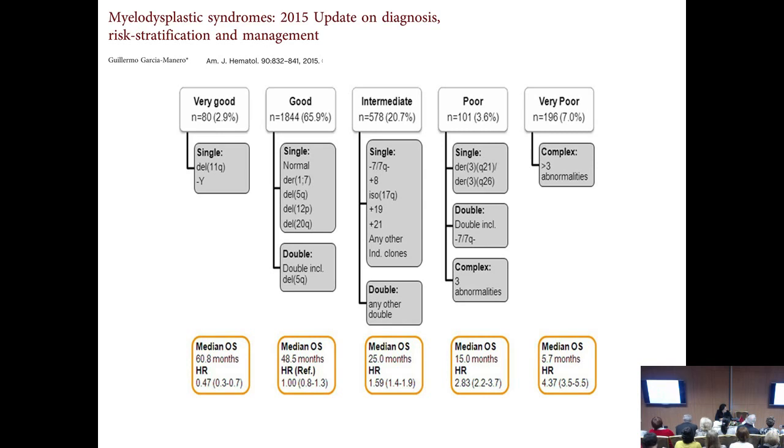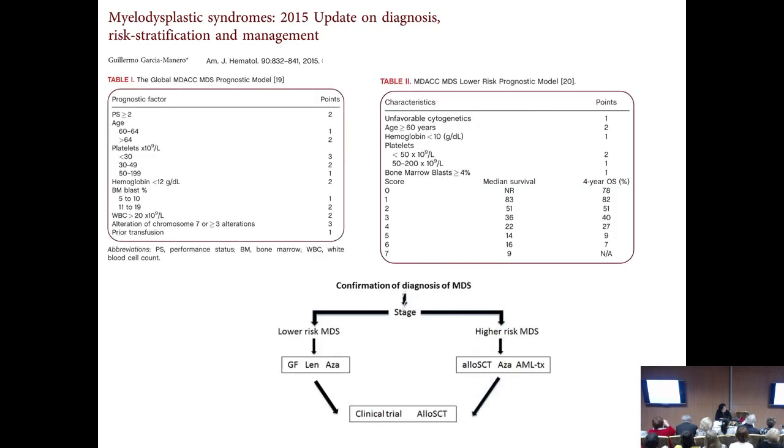Chromosomal abnormalities help us to establish clonality of hematopoiesis, and of course they are important to subdivide MDS into prognostic categories, and these prognostic categories are important to choose the right therapeutic option.